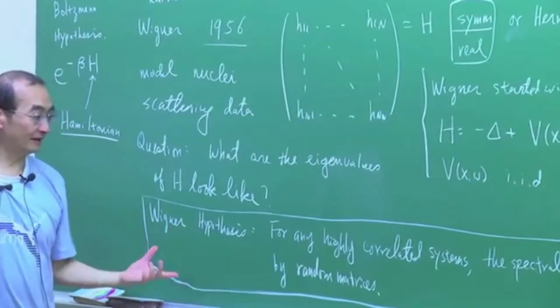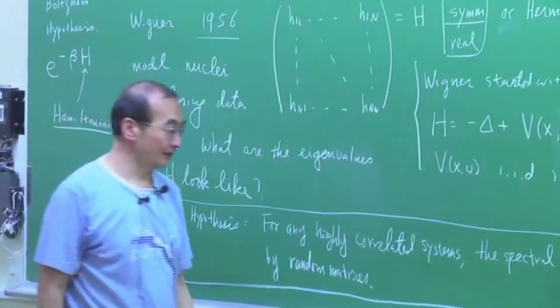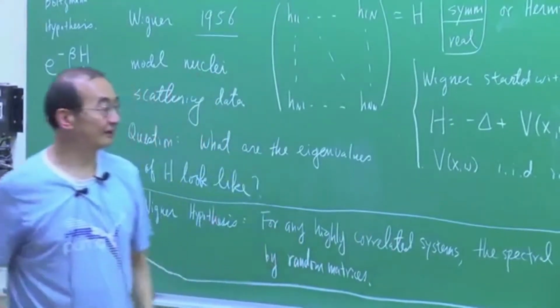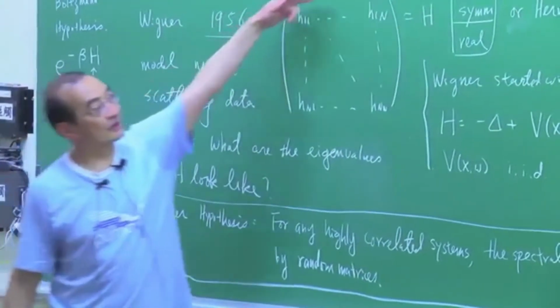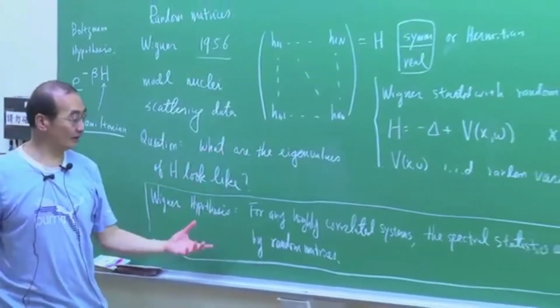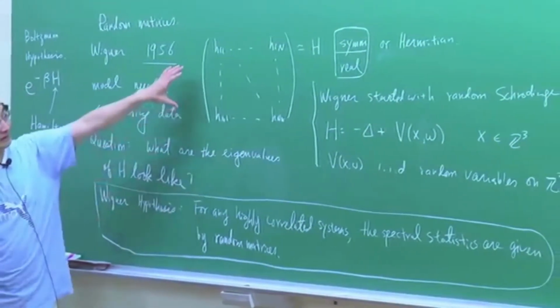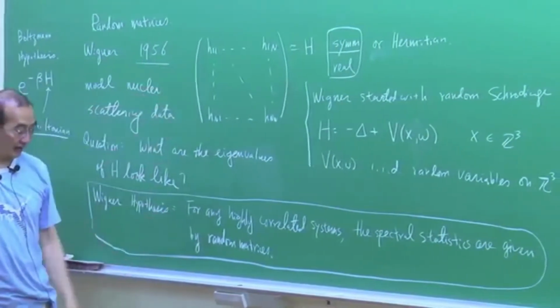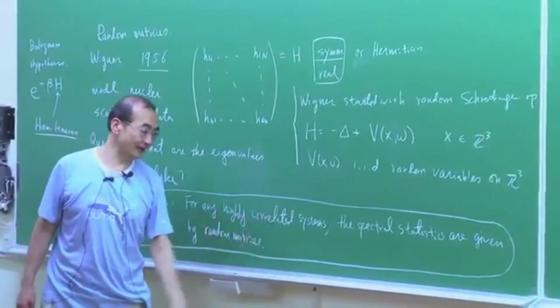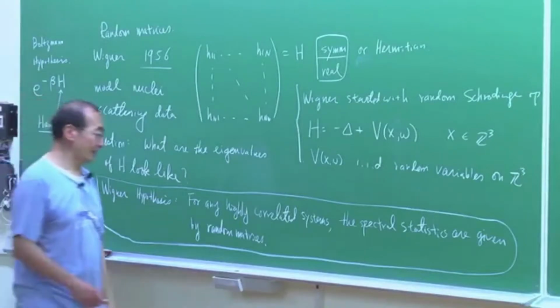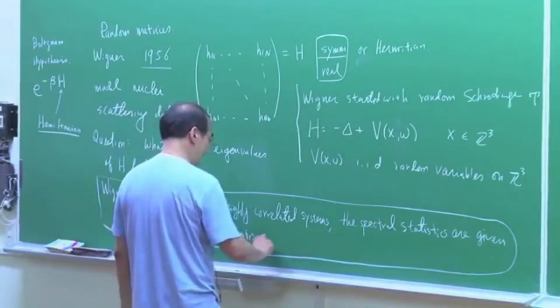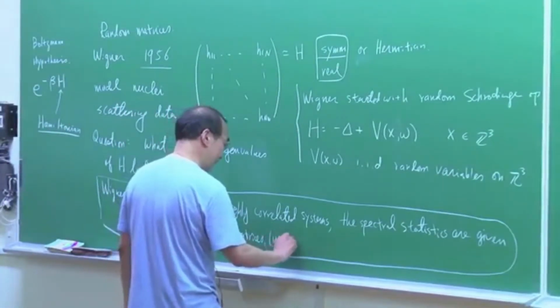So this is the same. Wigner's hypothesis is, if a system is very complicated, then you can forget about the structure of the system. You just take a random matrix, and this random matrix will give you the same statistics as the highly correlated system. They are actually the same, up to symmetry type.